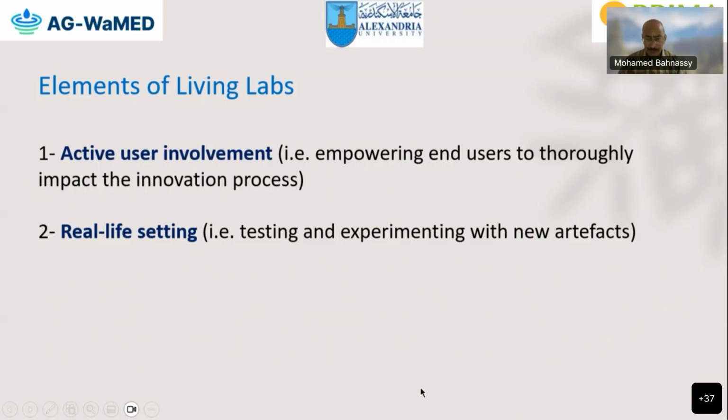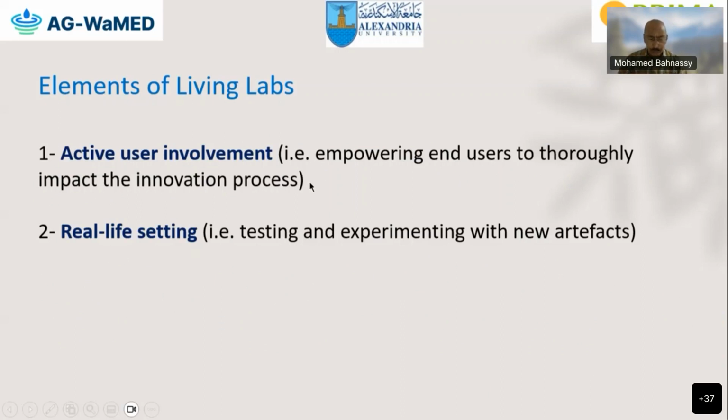Elements of living labs, we can have many elements of the living lab, and the first one is active user involvement. This is crucial to the living lab. Means empowering end users to thoroughly impact the innovation process.